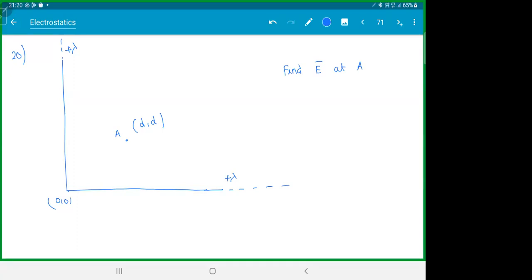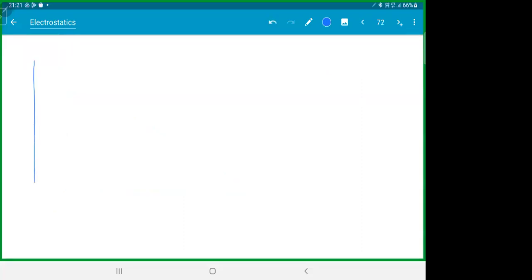How do you do this? See, like I said, remember, you have to define your theta 1, theta 2 properly.